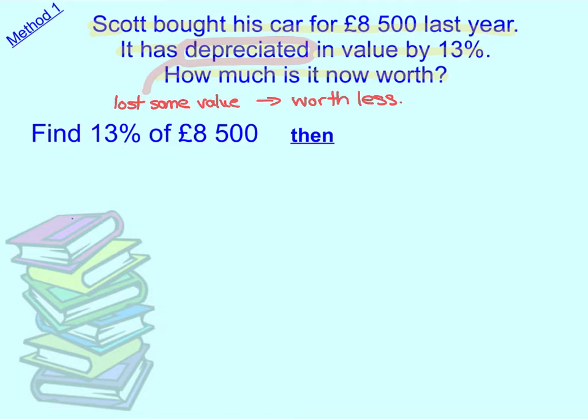Okay, so one way to do it is to find 13% of 8,500. Now you were doing these on your calculator the other day. 13% means 13 out of 100. Okay, we don't have of in a calculator. What we do have is times. Of and times are the same thing.